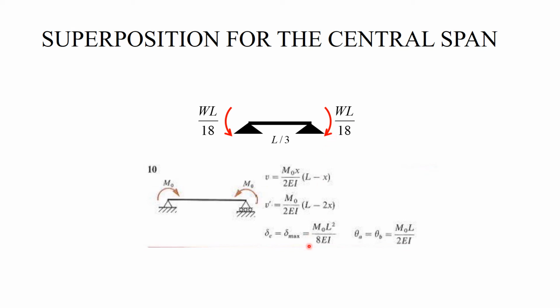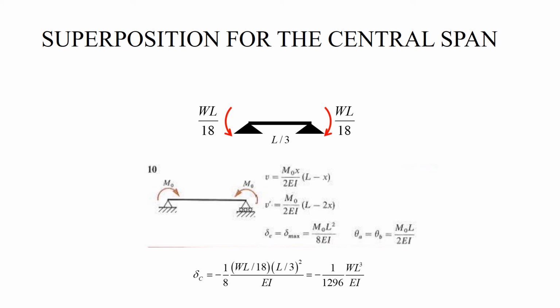Therefore, when I use this formula, I will put a minus sign. And here's what I have: 1 over 8, minus, of course, WL over 18, the length squared divided by EI, and I have minus 1 over 1296. So the couples lift the beam up.